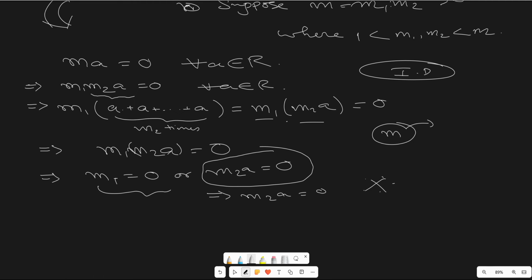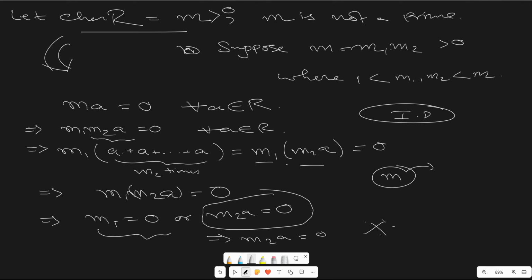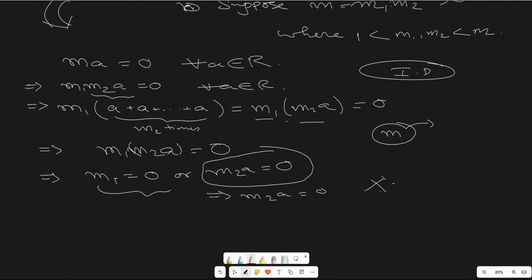So this is m1 is 0 or m2 of a is 0, right? See, if m1 is 0, the entire quantity m1 into m2 will be 0, and the characteristic of the ring would be 0. But we have already assumed that m1 m2, that means m, is strictly greater than 0, right? So that leaves m2a is 0. But if m2a is 0, then what is the meaning of the characteristic m of a ring? Because m is the smallest positive integer which gives m·a is 0.